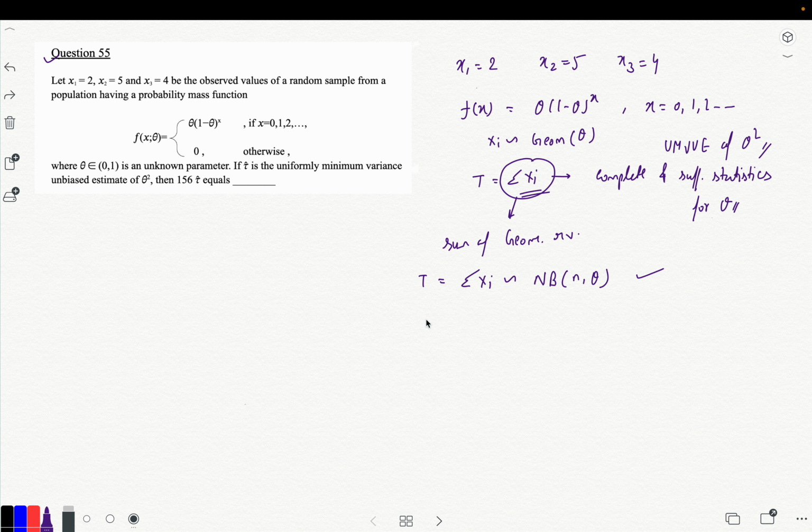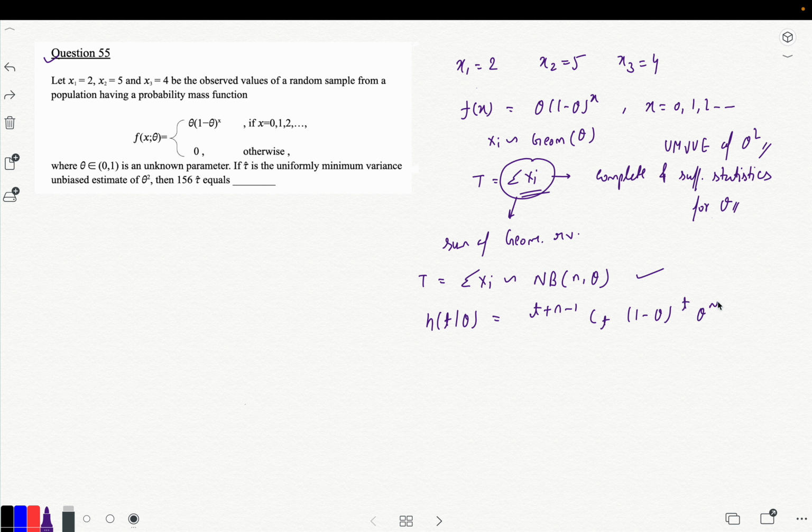Then what would be the PDF of it? That is, let's say h of t by theta. So the PDF corresponding to it is (t plus n minus 1) C t, (1 minus theta) to the power t, and theta to the power n. That will be the PDF. I have just written the PDF of negative binomial.